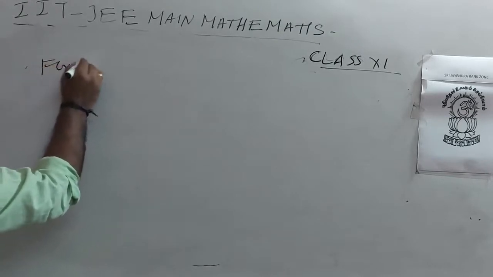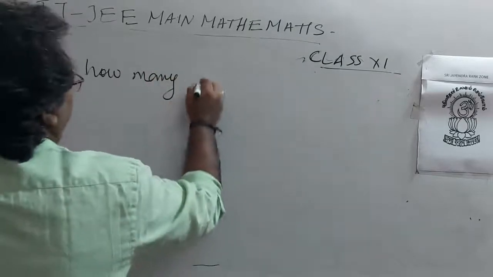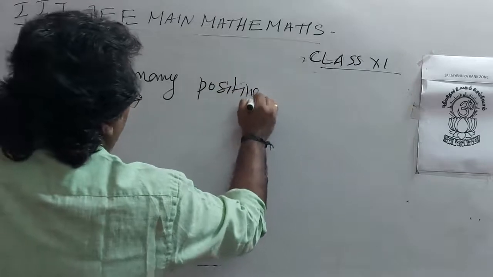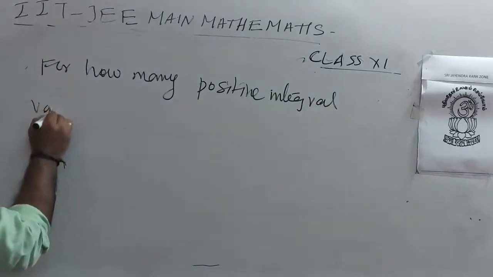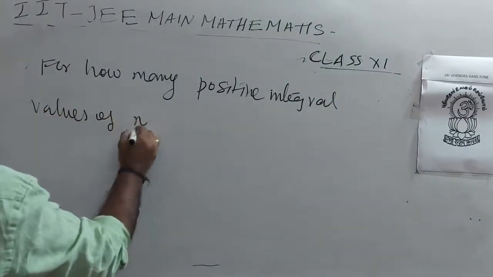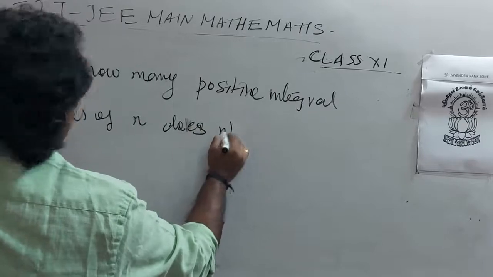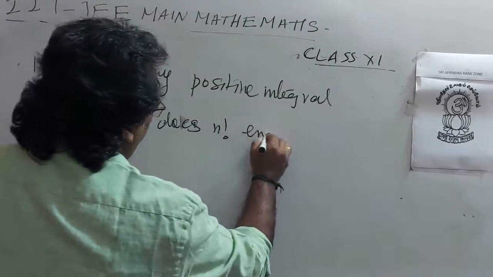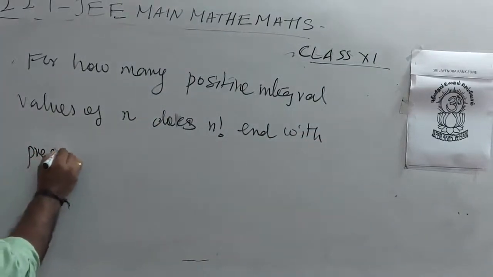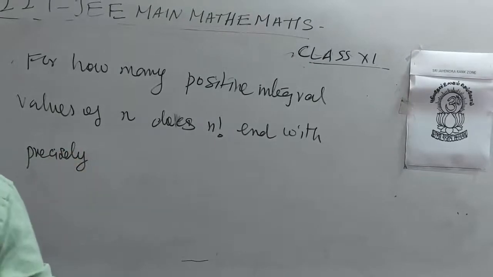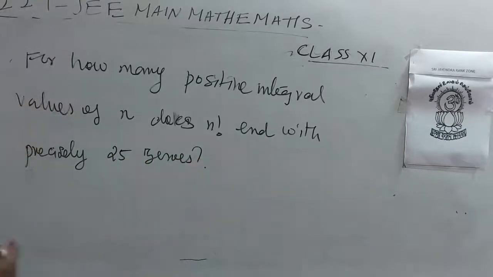Another example: how many positive integral values of n does n factorial end with precisely 25 zeros?